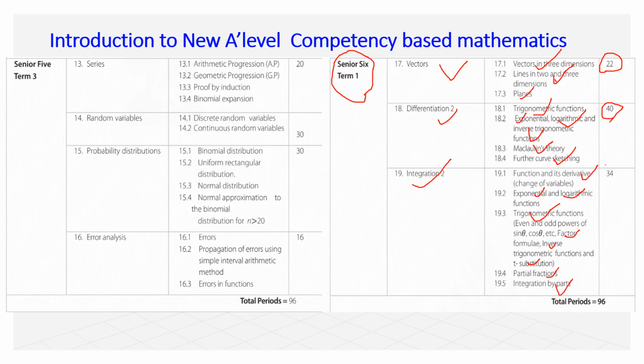And this will take us a gross period of 34 periods, and the total will be 96, just like we had 96 here.